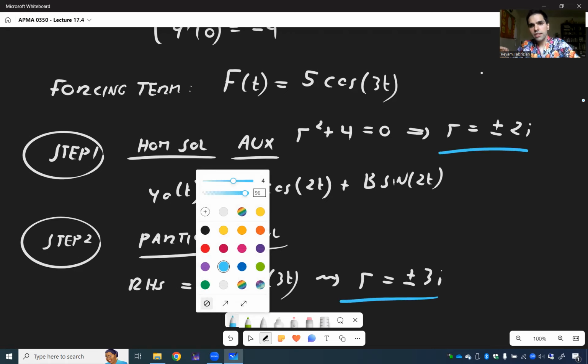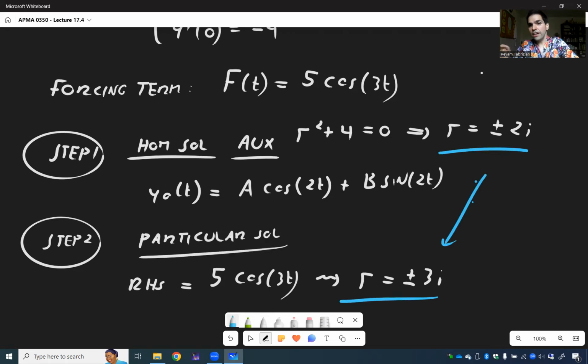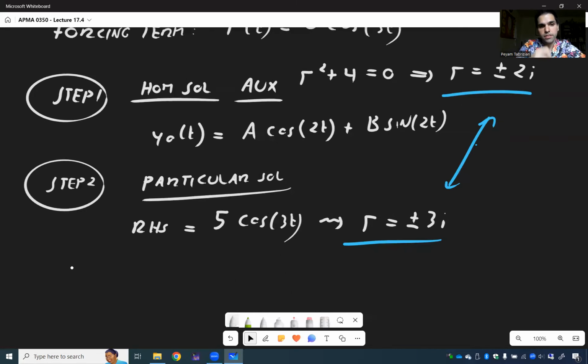And notice it does not coincide with the homogeneous root. So in this case, there is no resonance. Doesn't coincide. So literally, physically here, there's no resonance.